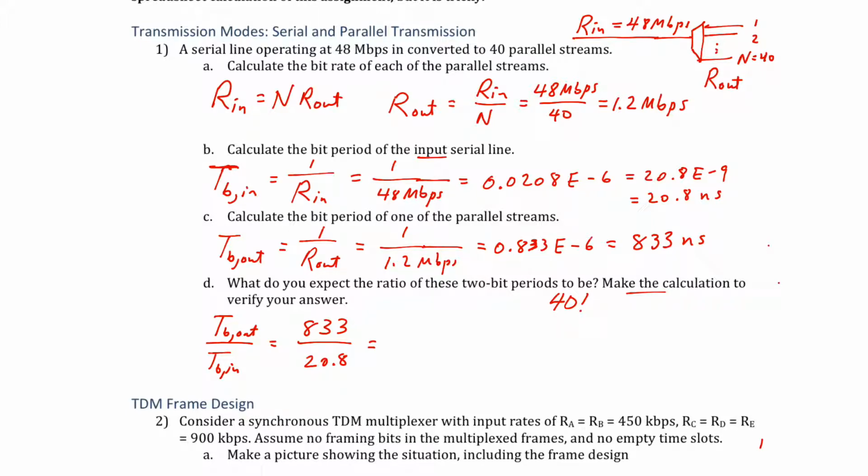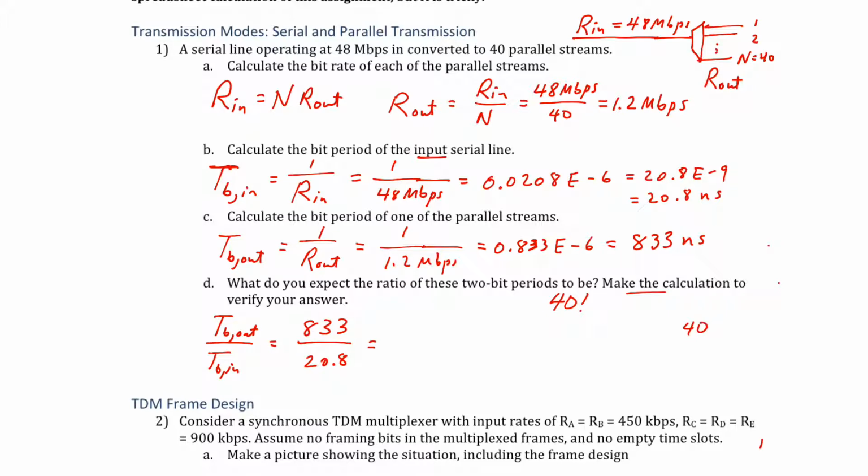Do I get 40? Yeah, because 4 times 20 is 800. 4 times 0.8 gives me the 32. 4 times 8 is 32. So I think this is going to work.